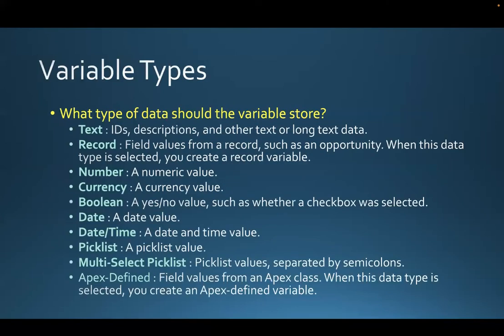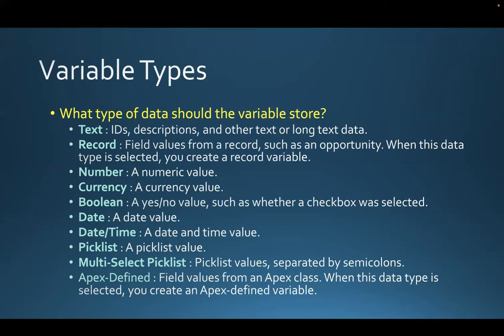So here we have the variable types. We have different types of variables that we can use. We have text. In the text type, we can store IDs, descriptions, or any other text that we want to store. You have a record type. In the record type, we can store a Salesforce record. Okay. You have a number. In number, we can store numbers. We have currency, so you can store currency values.